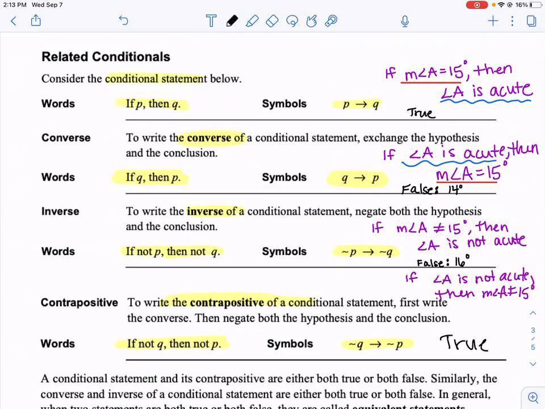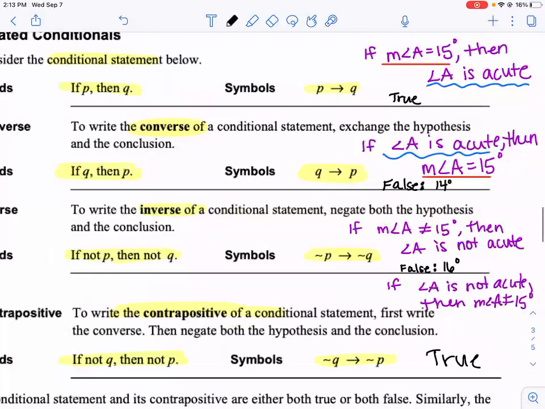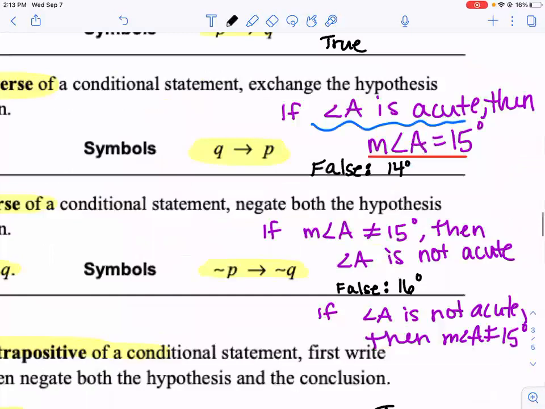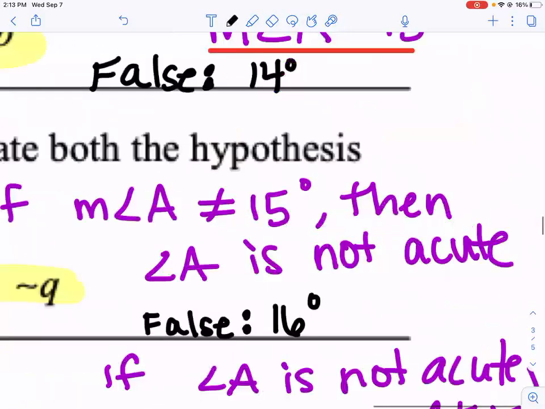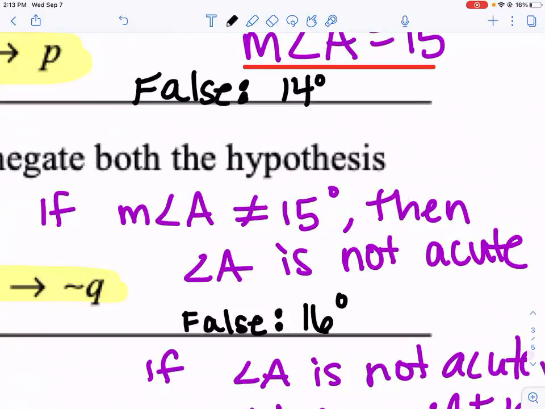Yep. The converse and the inverse, the second and the third, were both false. Sixteen degrees makes this acute, which is false according to that statement.